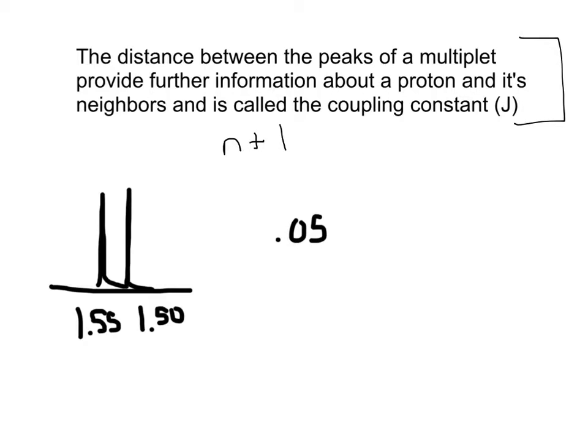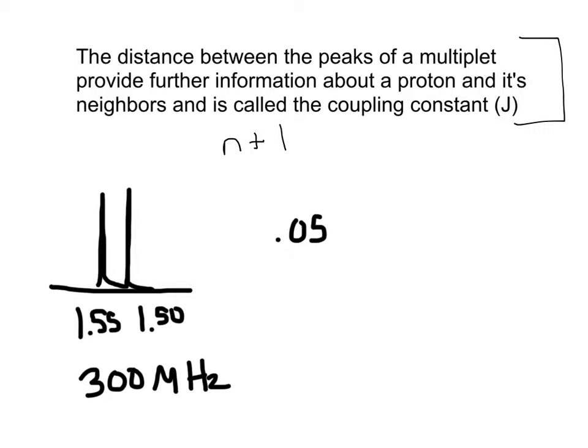Typically, they come in varieties of 300, 400, or 500. So if we imagine that this is done on a 300 megahertz NMR, we're going to be calculating this. This is 0.05 ppm, and remember that's in parts per million of the megahertz.